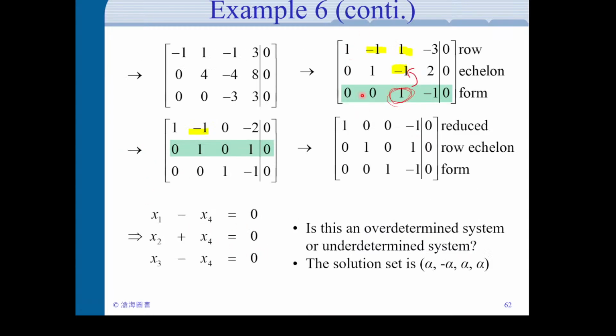Then you get this upper triangular form. Then you go from the back, look at the pivot in each row, and make everything above it 0. In the middle, you also multiply by some number to make each leading element 1, and then you get this reduced row echelon form.